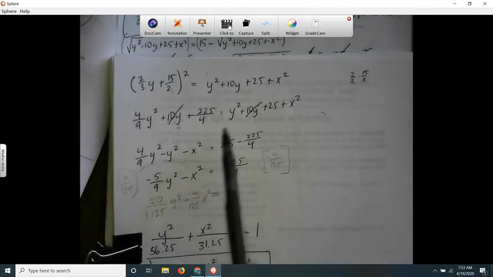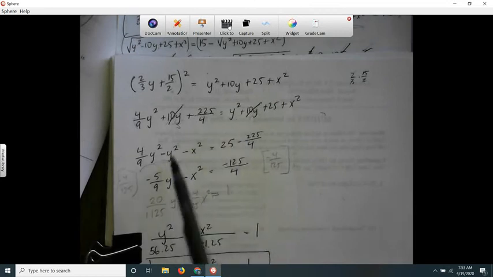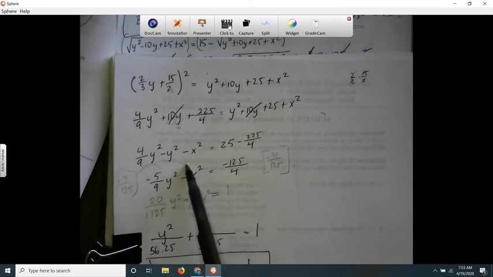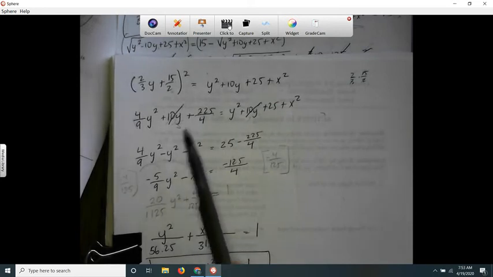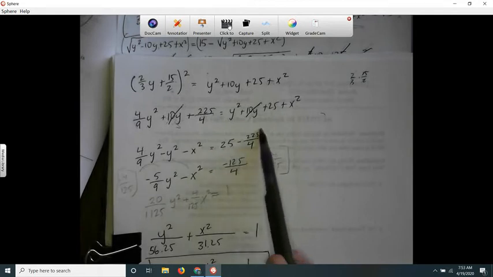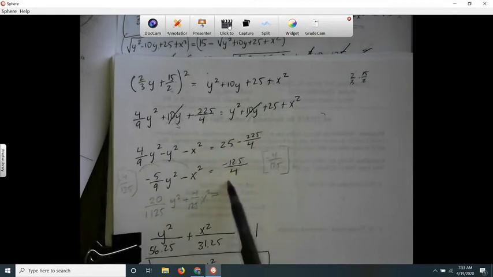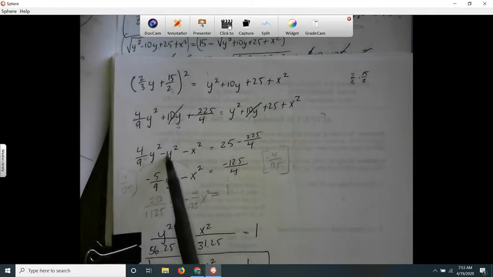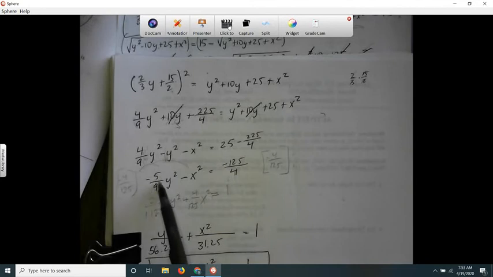So see, like I subtracted y squared on both sides, I subtracted x squared on both sides, I subtracted 225 over 4 on both sides. And then, so when I combine these together, I get negative 125 over 4. And then when I combined the 4/9 and this is like 9/9, I got negative 5/9.